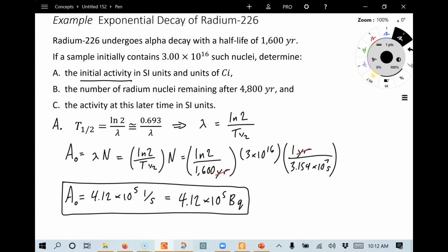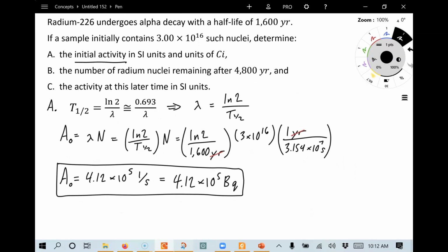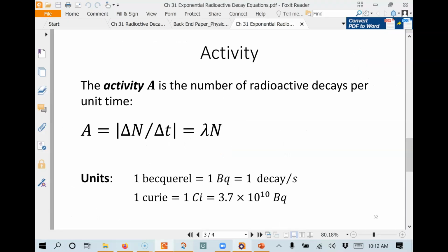Now, it also asks us to convert this to curie, which is another unit that we often use for activity. So to convert to curie, we just need to look up the conversion factor of becquerel to curie. And that's given here. 1 curie is equal to 3.7 times 10 to the 10th becquerel.